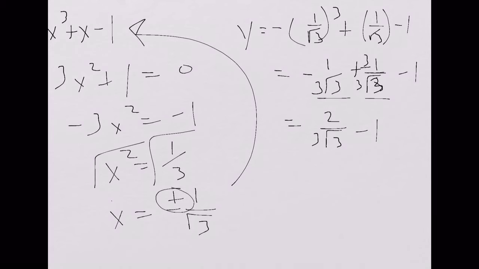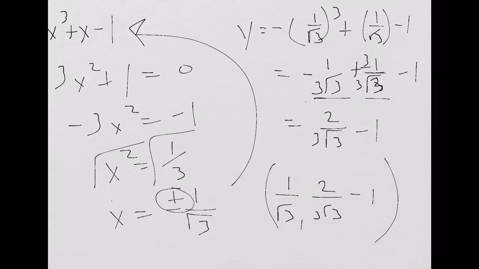Oh, but I still have a 3 in the denominator. There we go. So just finding that y value. So my x value would be 1 over root 3, and my y value would be 2 over 3 root 3 minus 1. So that would be the point, and on this one I believe that's where your maximum occurs.